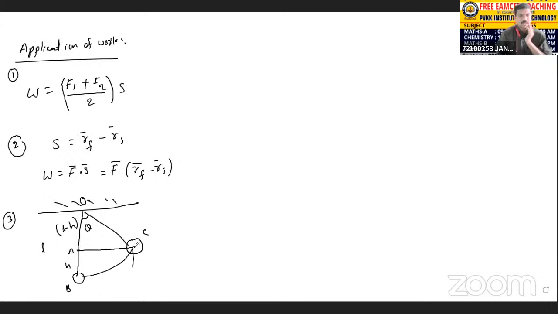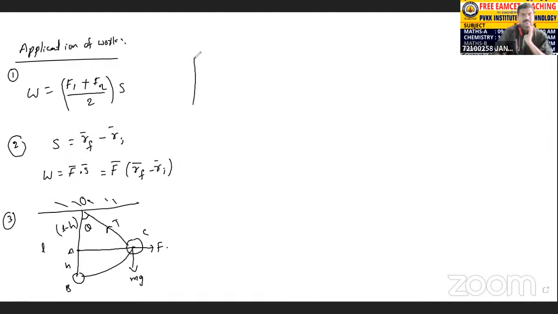The weight of the body acts in the downward direction, mg. This is the pulling force F, and the tensional force is T. Since the angle theta is here, this is opposite, this is adjacent, and this is hypotenuse.